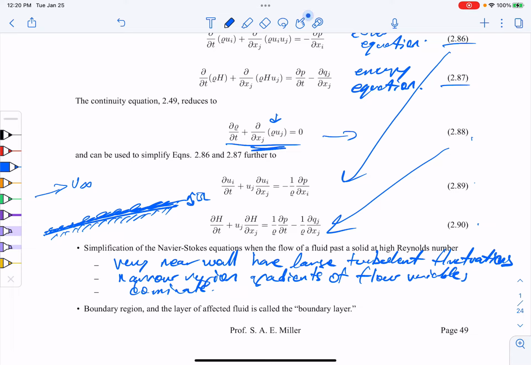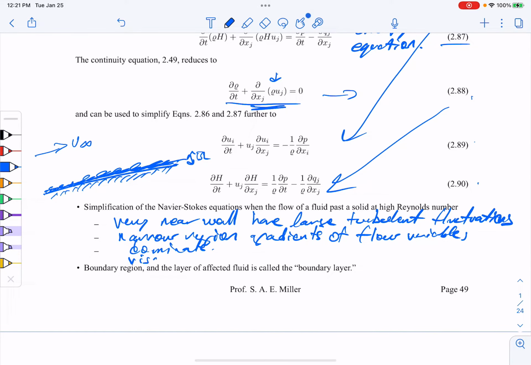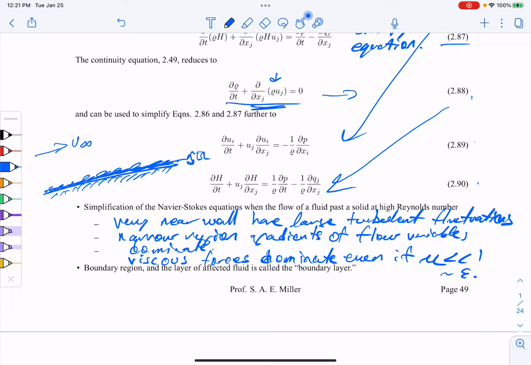And the velocity gradients might be so large that even if the viscosity is small, the viscous forces may be orders of magnitude larger than the inertial forces. Right, dominate, even if mu is less than 1. It's on the order of epsilon, maybe a very small value. Like 1 times 10 to the negative fifth is a typical value of viscosity.